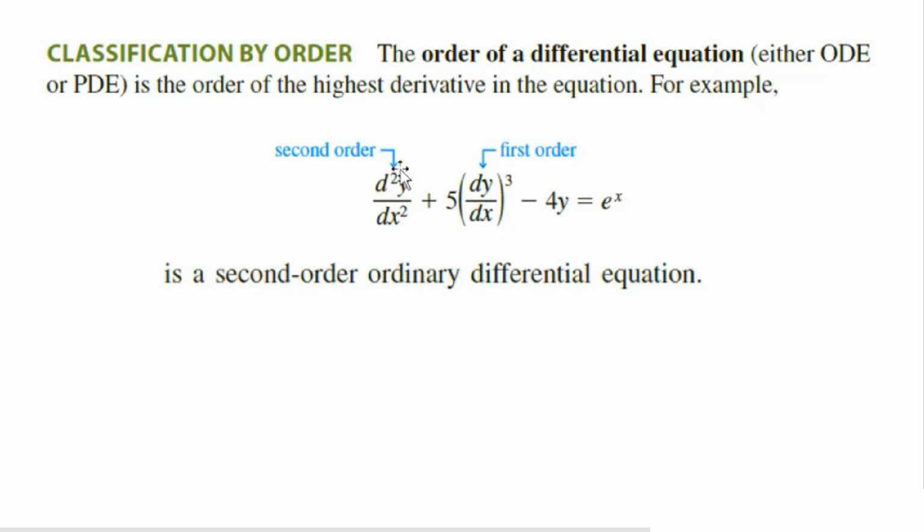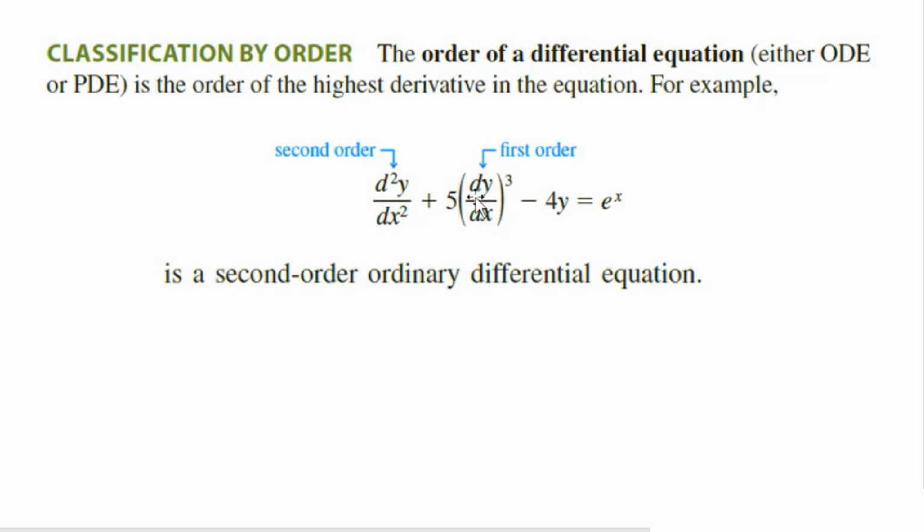Looking at this, we have d squared y over dx squared, which is a second order, while the other one inside the parentheses, dy over dx, is only first order.